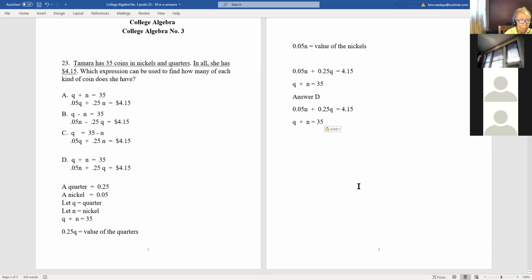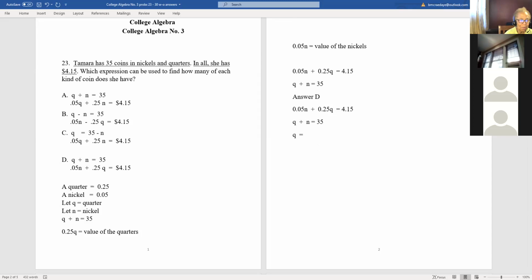Divide. If q plus n is 35, then what is q equal to? Latoya, what is q equal to?